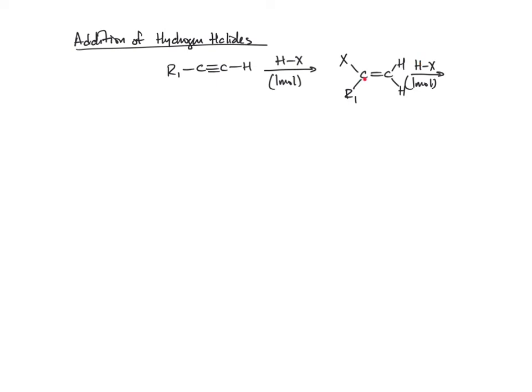We form a carbocation. It gets trapped by X. So we have a methyl group at the terminal now, and now look, we have this relationship which we saw before, this 1-1 relationship. That is a geminal relationship. So this is a geminal dihalide.